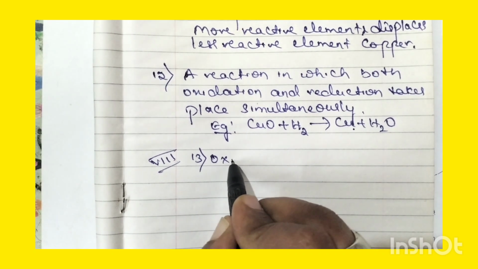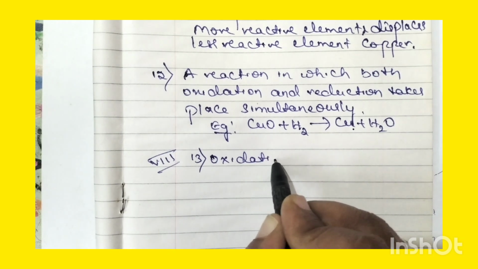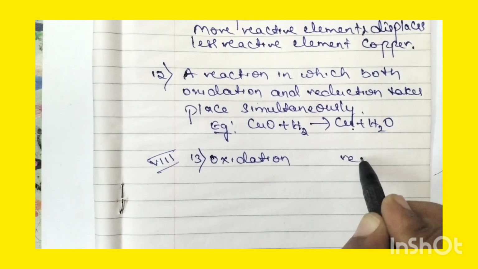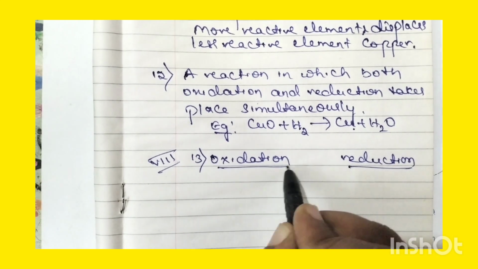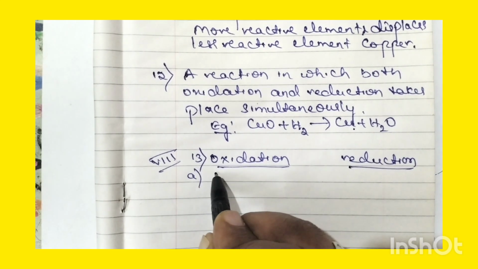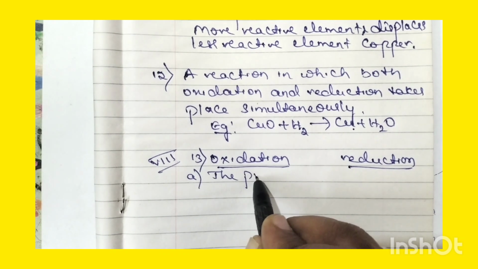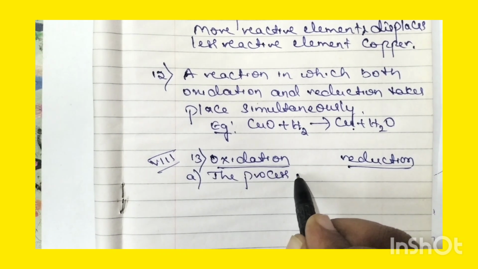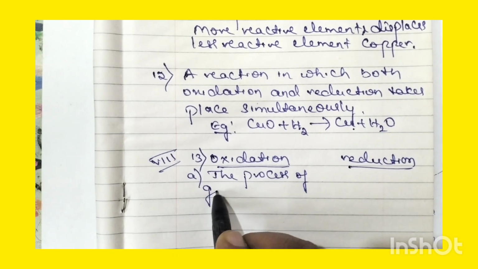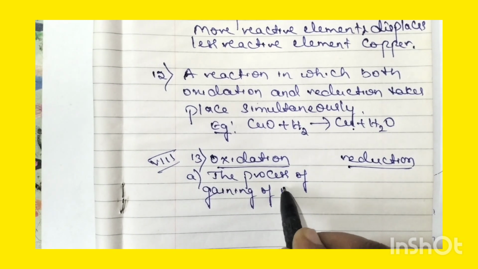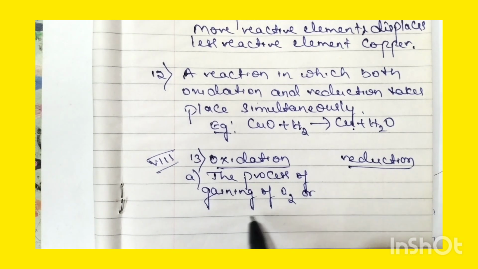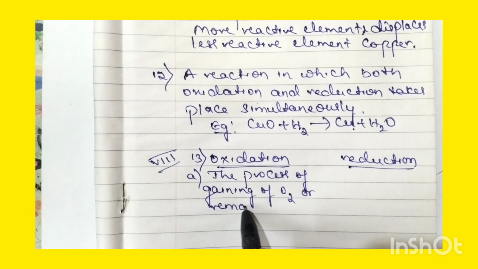On one side let us write oxidation and on the other side reduction. The first difference is that oxidation is the process of gaining of oxygen or removal of hydrogen.